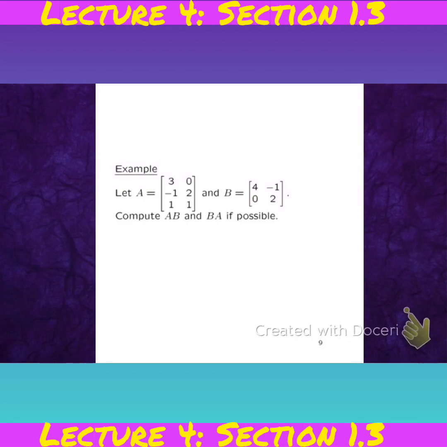Okay, so here we've got an example. Let's see if we can calculate those products. Firstly, they ask us to compute A times B. A is a 3 by 2 matrix and B is a 2 by 2 matrix.